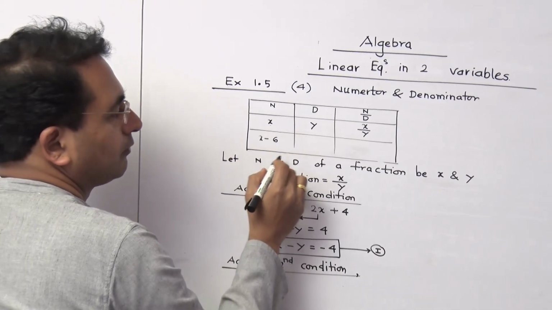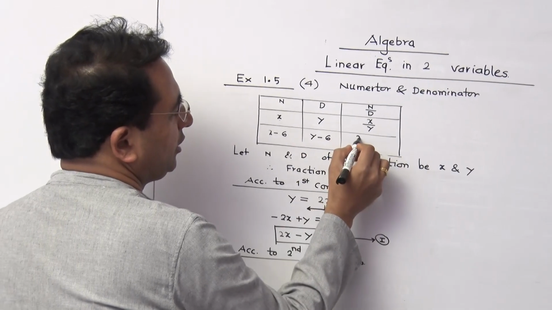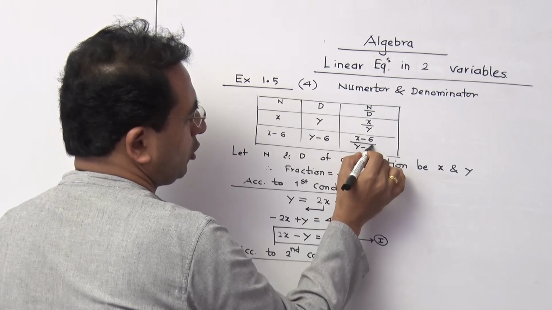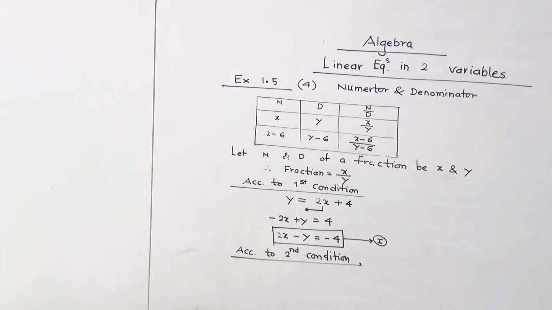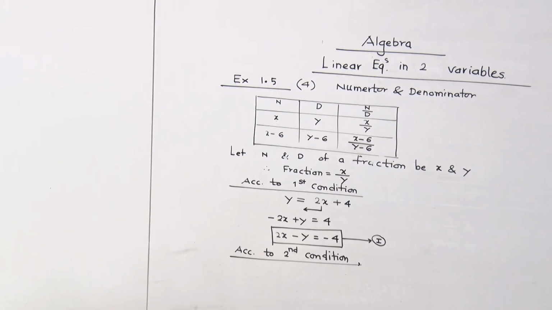Then we are going to have y minus 6. Then the fraction becomes x minus 6 upon y minus 6. Now they have given it like this. The denominator becomes 12 times the numerator.